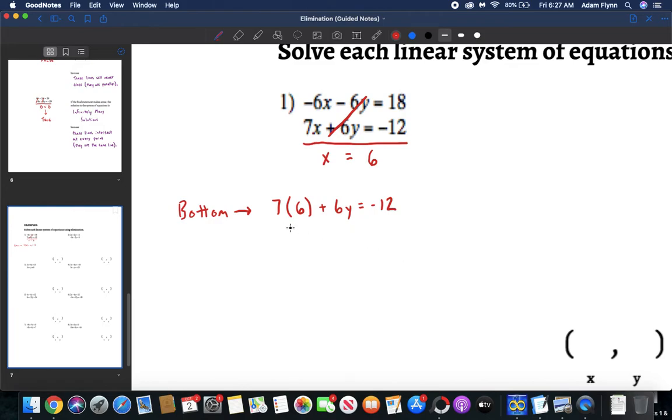If I continue to simplify, 7 times 6 is going to be 42, plus 6y equals negative 12. Bring all the stuff down that I haven't touched yet. I can subtract 42 on both sides.